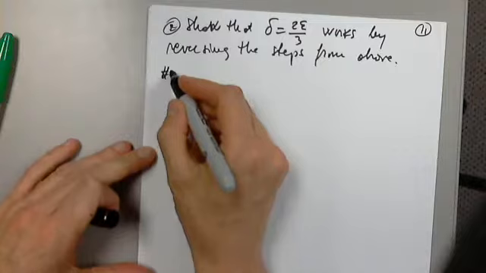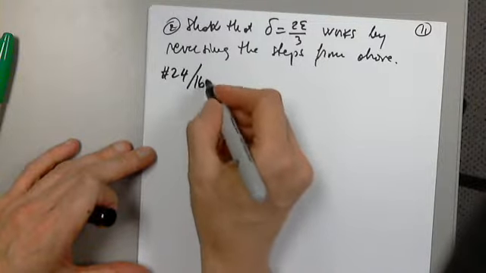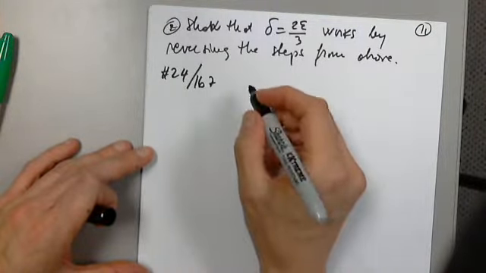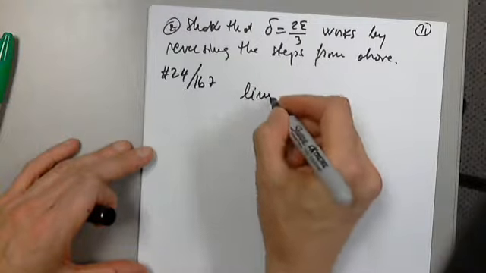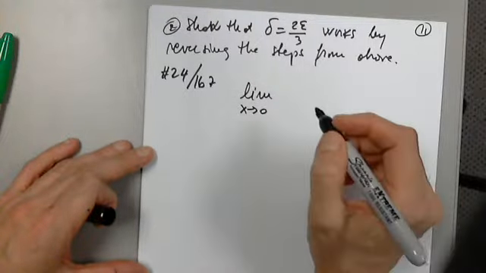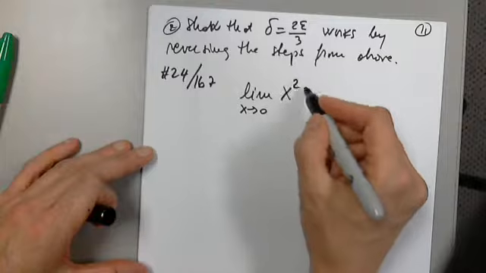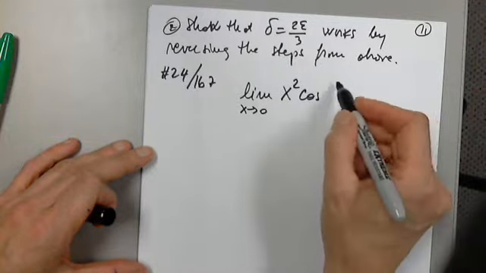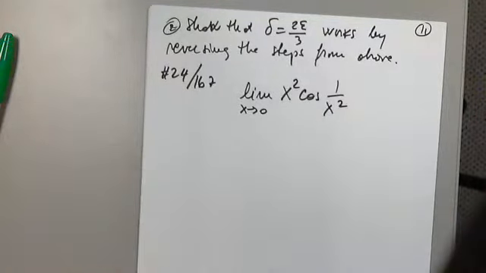So problem 24 on page 167. We are asked to find the limit as x approaches 0 from either side of x squared times cosine of 1 over x squared.